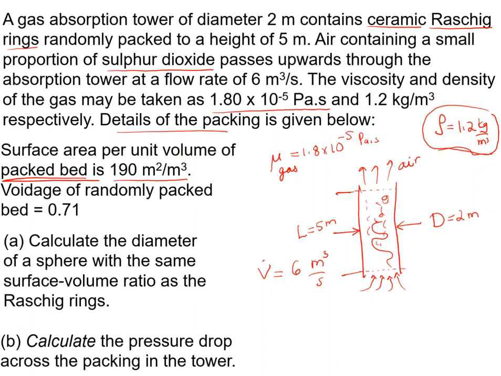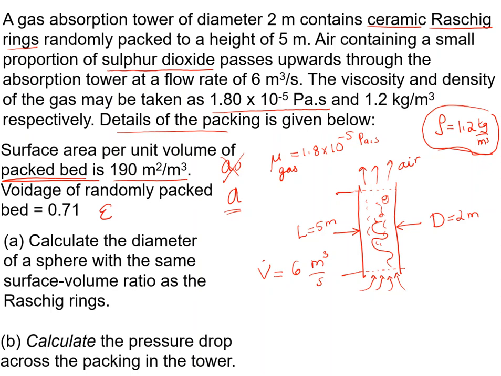This is not the surface area per unit volume of a particle. This is not A sub v. No, this is A, which is the surface area per unit volume of the whole packed bed. And the voidage of the randomly packed bed is the void fraction, which is epsilon.